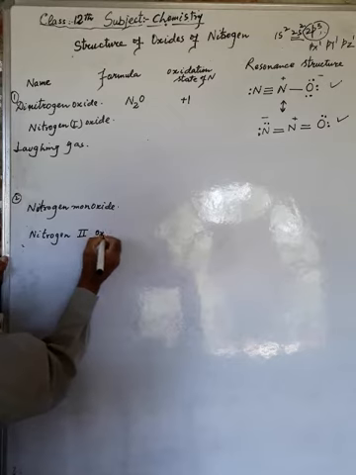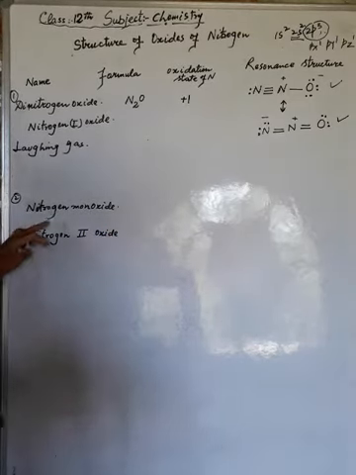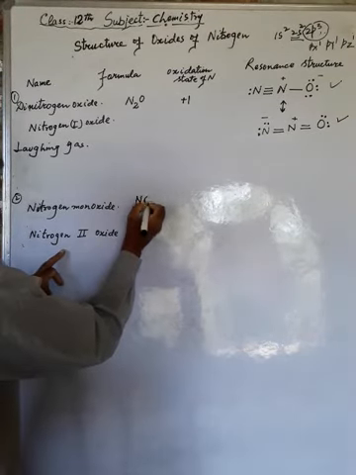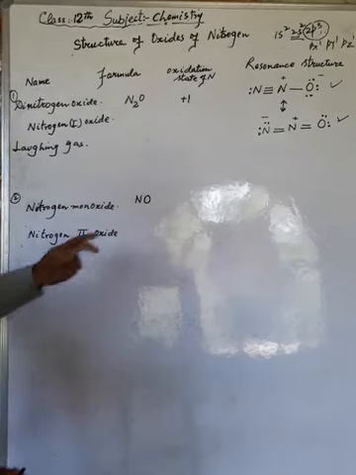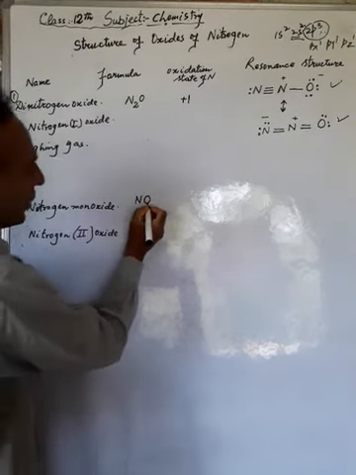How? Or it is also called nitric oxide. So its formula is NO. And why is it called nitrogen second oxide?